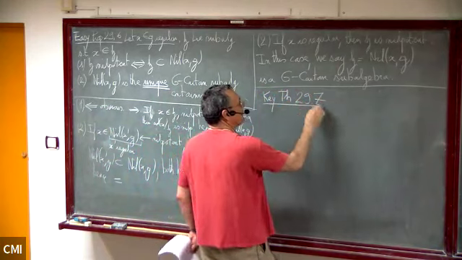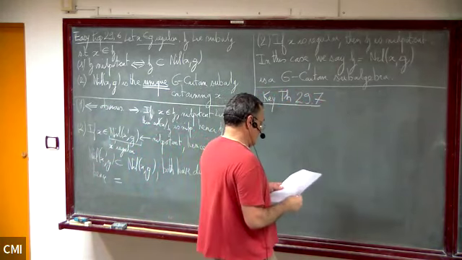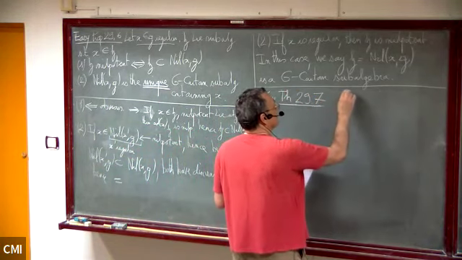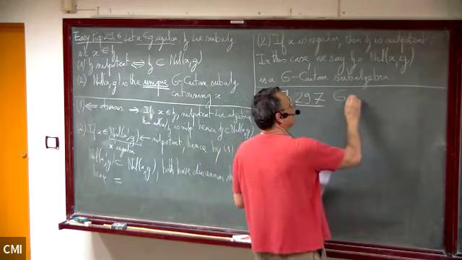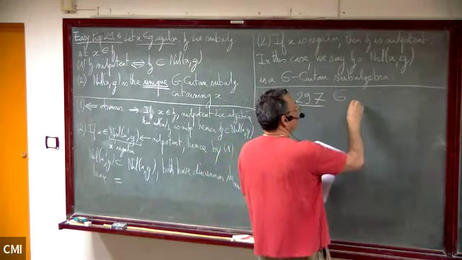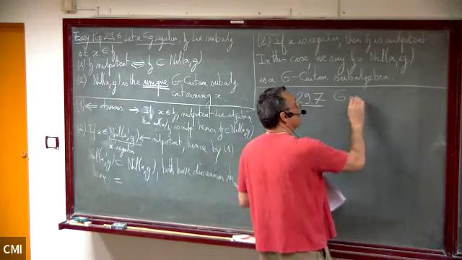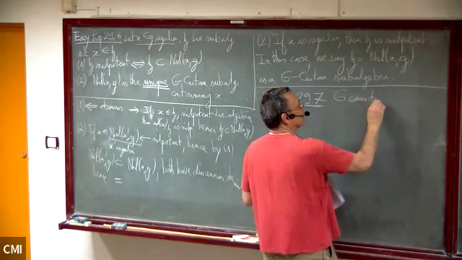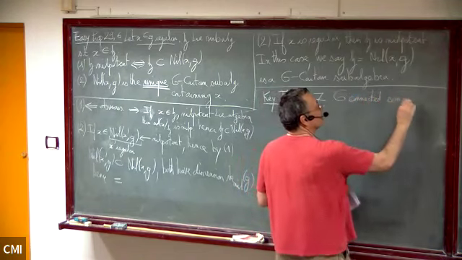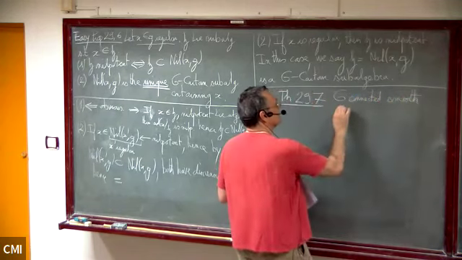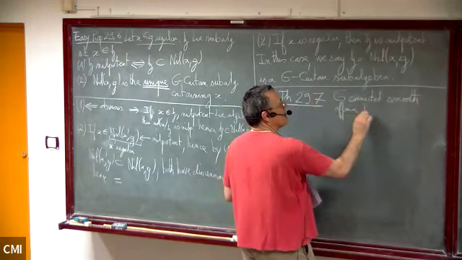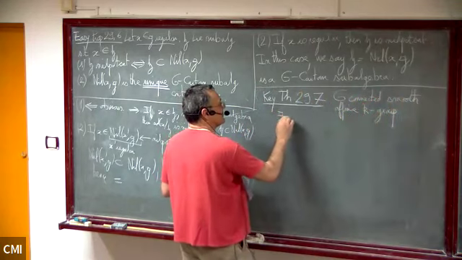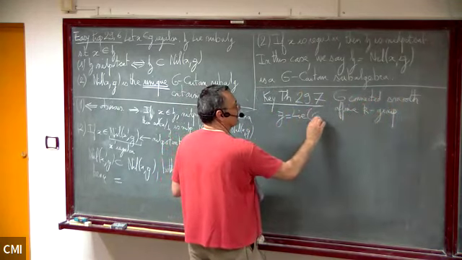So now let G be a connected, smooth, affine K-group, and let its Lie algebra be given.